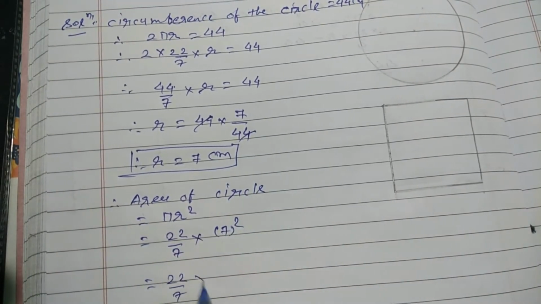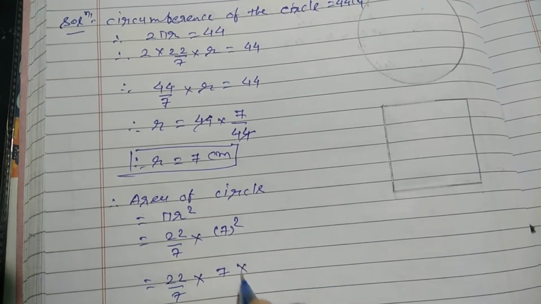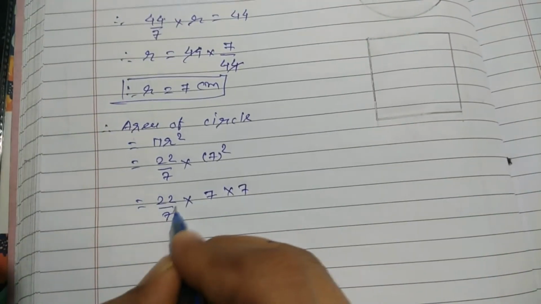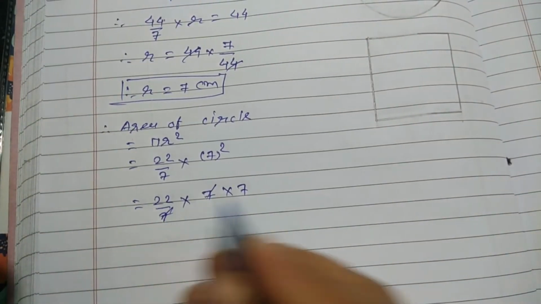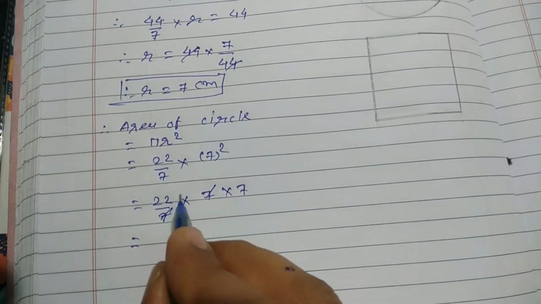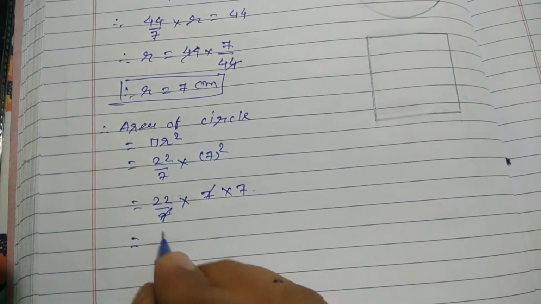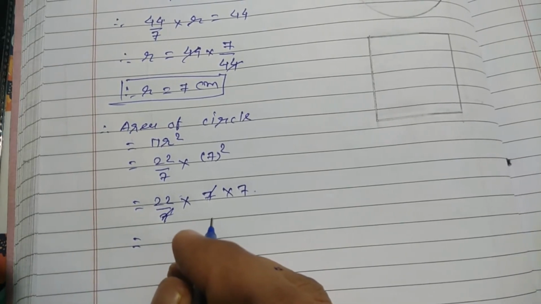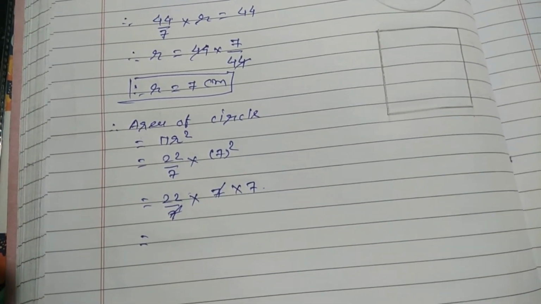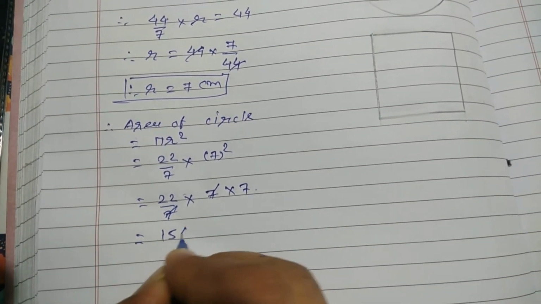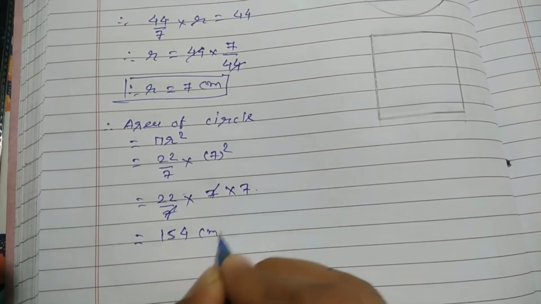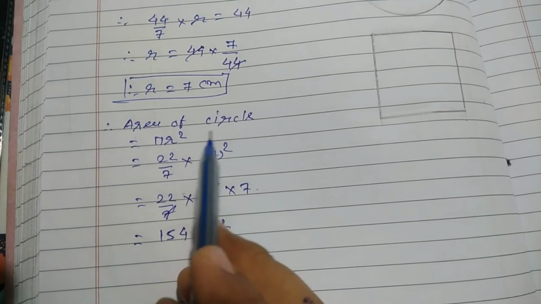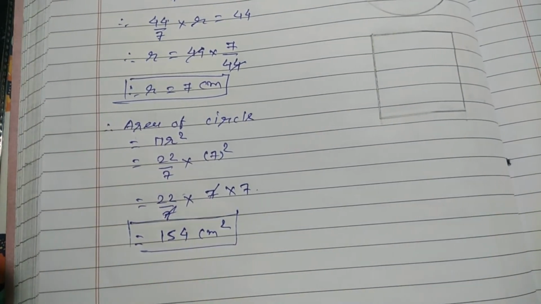That is equal to 22 divided by 7 multiplied by 7 multiplied by 7. This 7 and this 7 cut. So what remains? 22 7s are 154 centimeter square. So we found the area of the circle, that is 154 centimeter square.